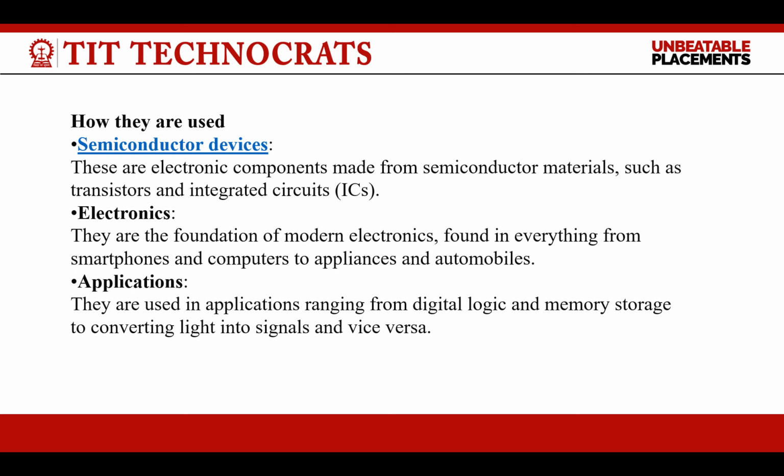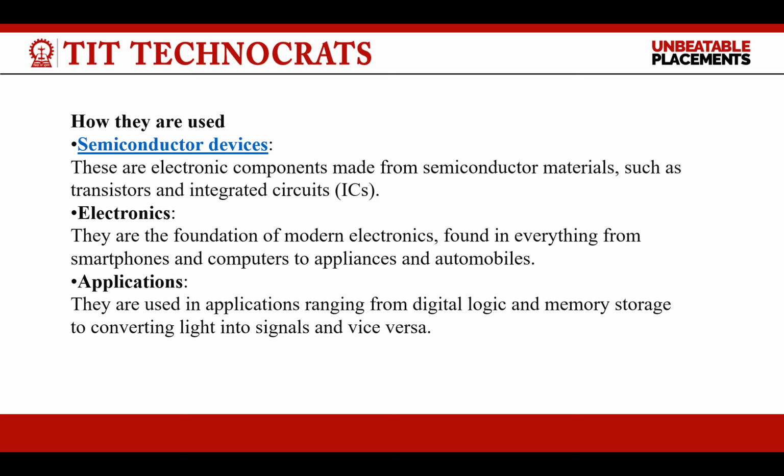Now, how are semiconductors used? These are electronic components made with semiconductor materials, such as transistors and ICs. They are the foundation of modern electronics, found in everything from smartphones and computers to appliances and automobiles.